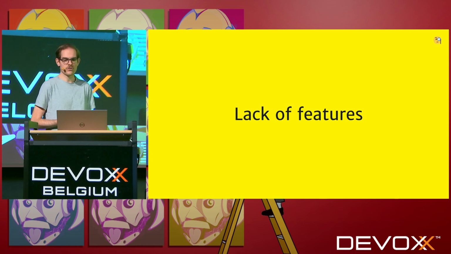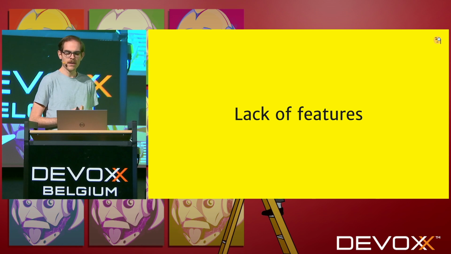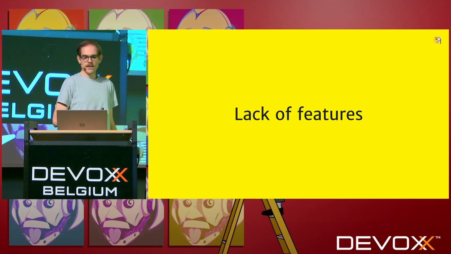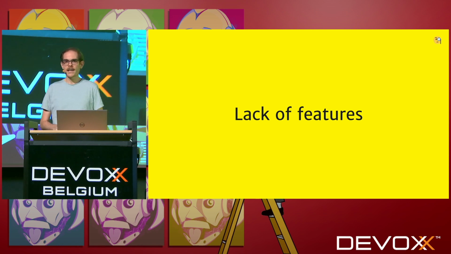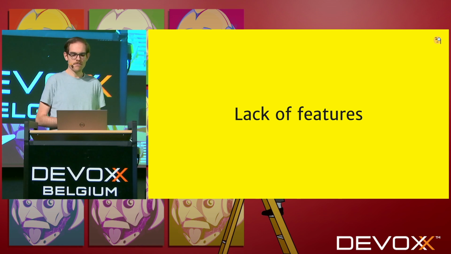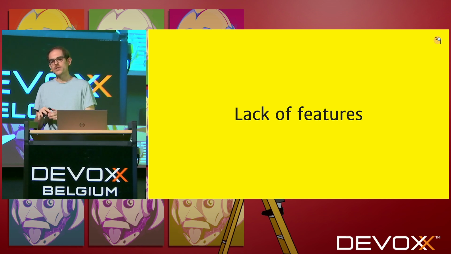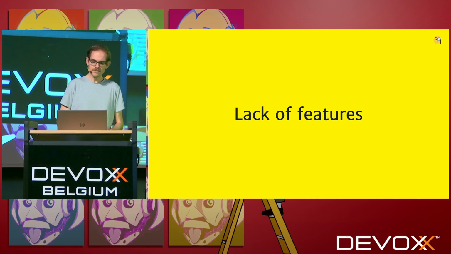They lack many features that you have in other languages and that you would expect from a class. We don't have private members, we don't have static members, we don't have other things like decorators, for example. And there are proposals for all these things, but they're not part of the standard yet. And they will likely take some time to land, as they're tricky to implement on top of prototypes.